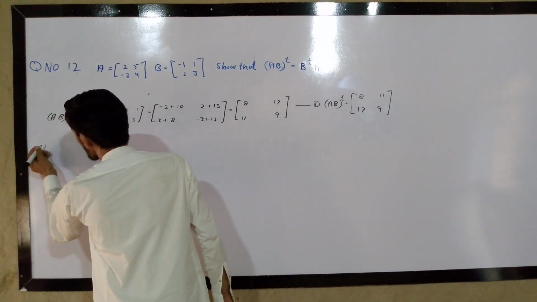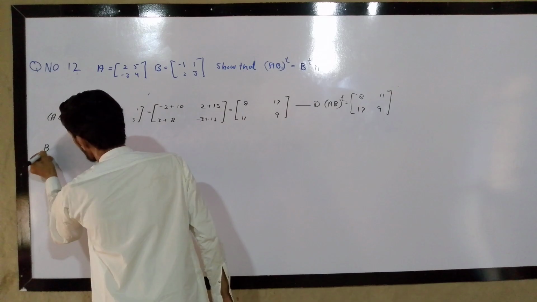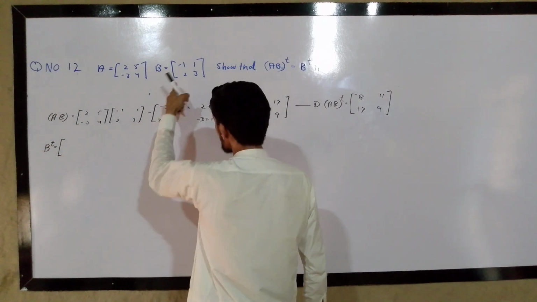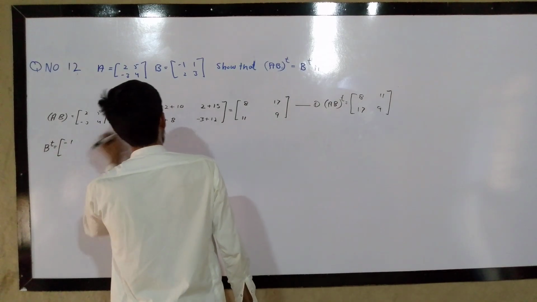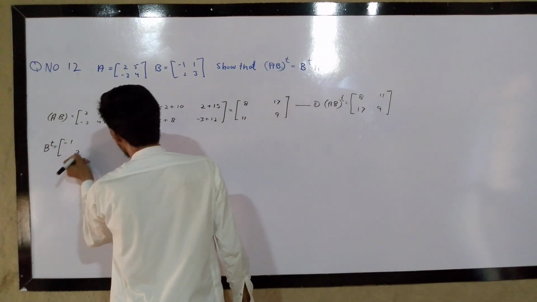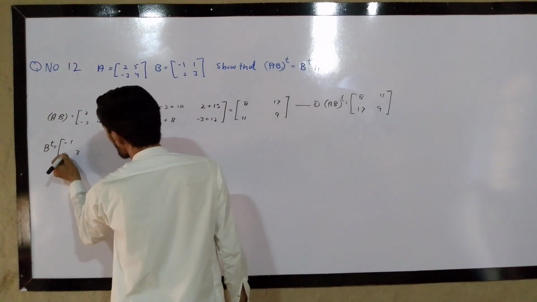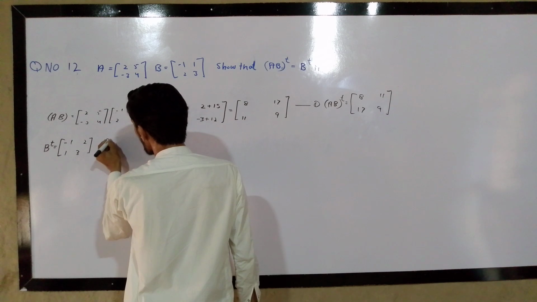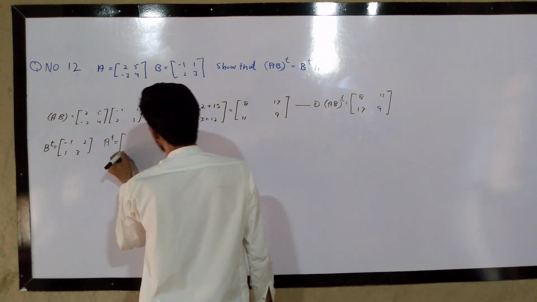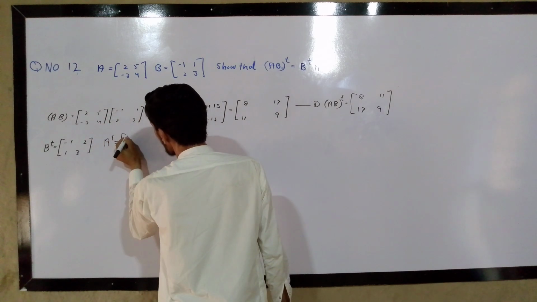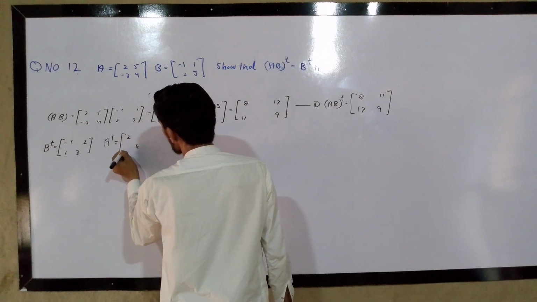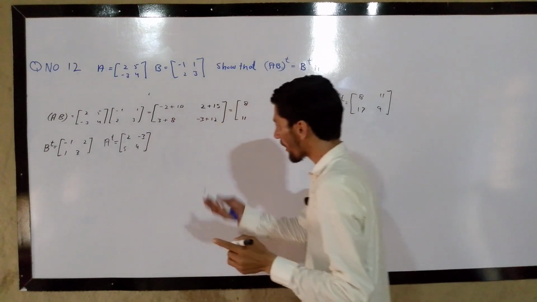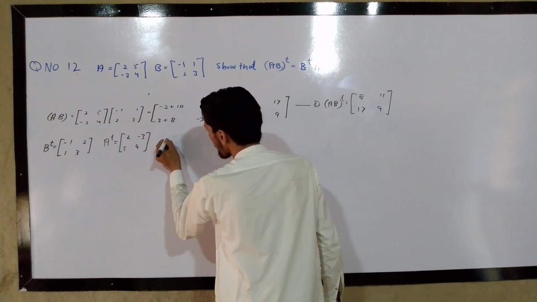B transpose: taking the transpose of B, -1 and 3 stay in their own position and 2 and 1 change their positions. A transpose: 2 and 4 do not change their position, and 5 and -3 change their positions.